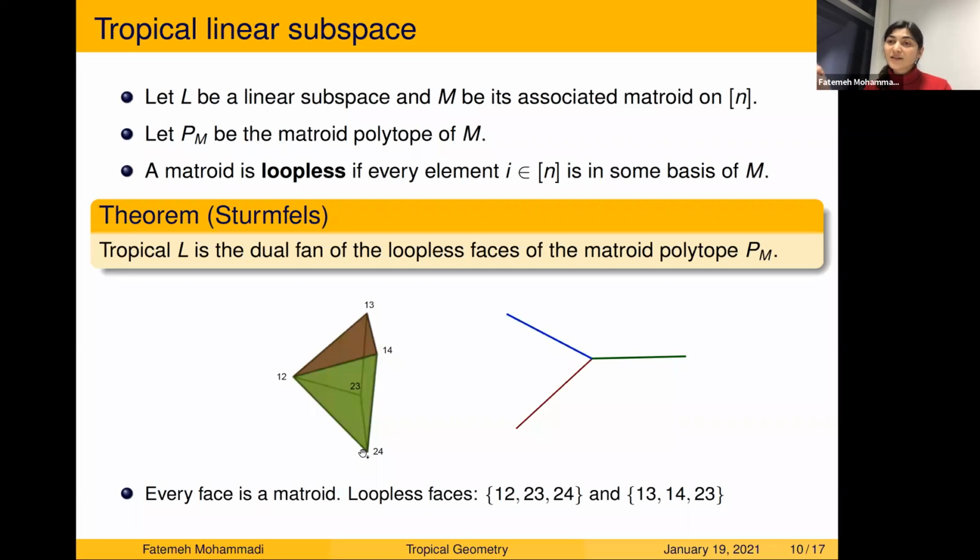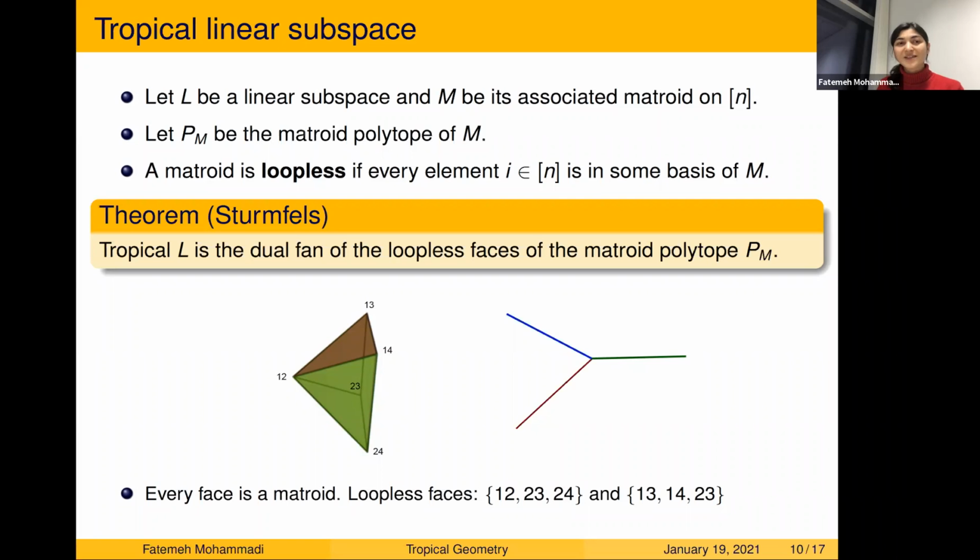I mark these three, and I look at the corresponding dual fan, that means the rays dual to the hyperplanes defining the corresponding facet of my polytope. The theorem is that this dual polyhedral fan that you draw here is actually the tropicalization of my linear space L.